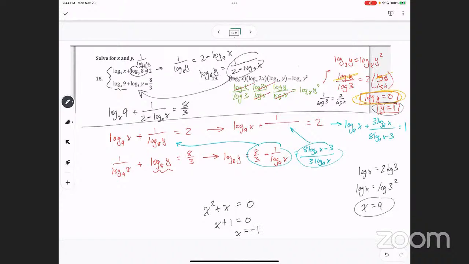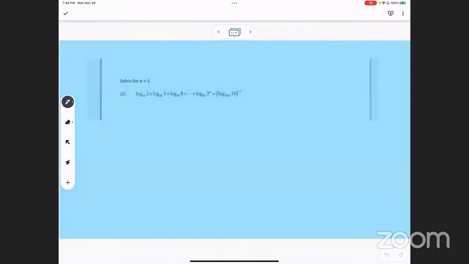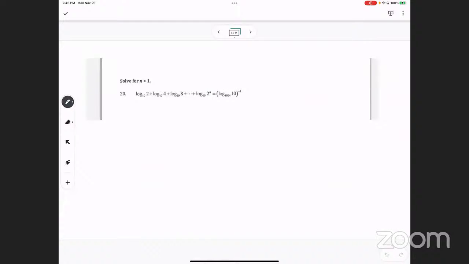X equals -1 is one of your solutions. But your other solution really was the fact that you should have thought of factoring out an x. And then that means that x equals 0 is a solution as well. So if you're going to divide both sides by something, you just have to make sure that whatever variable expression you divided both sides by, you set that equal to 0 and solve for that, because that's one of your solutions. Got it? Does that make sense?